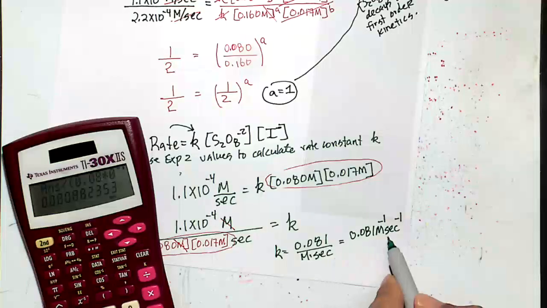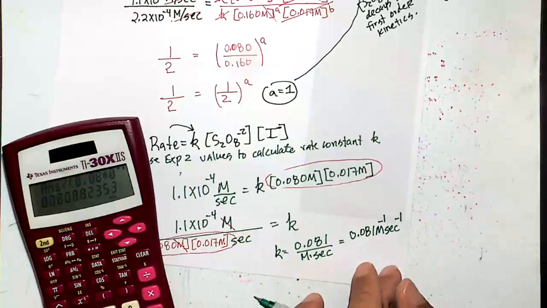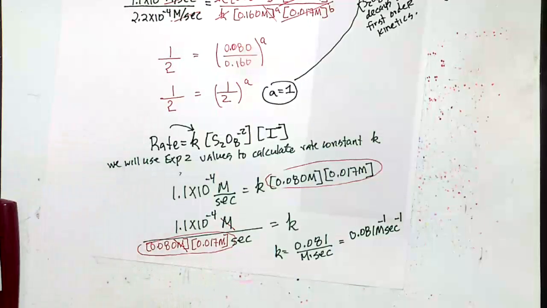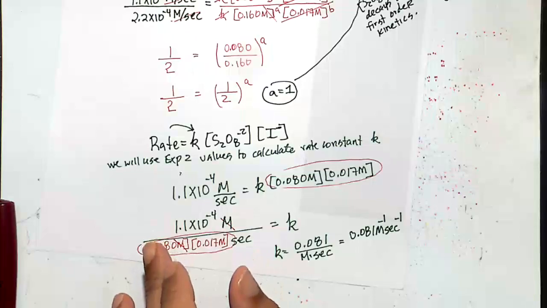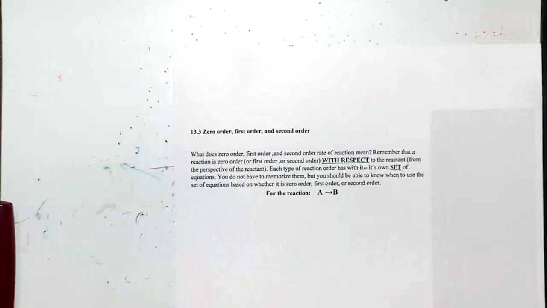Seconds in the denominator, I move it up to the numerator, it becomes seconds to the minus 1. So either one is correct. Our final answer is this. This is what I want you to put on any exam or quiz. Let's try to do it right this semester.